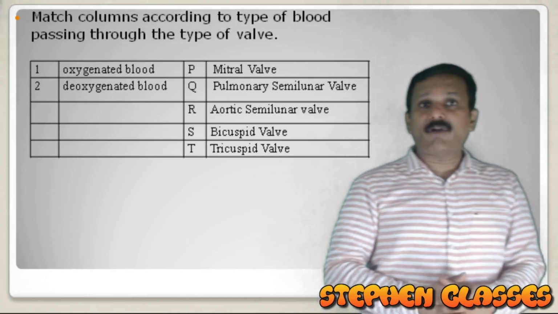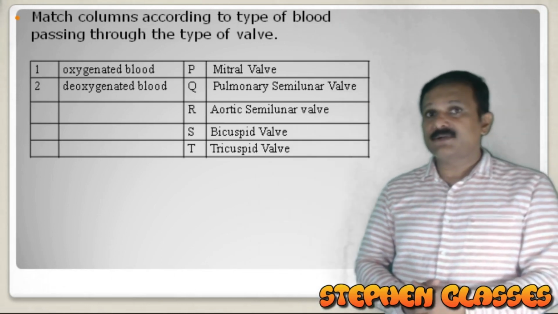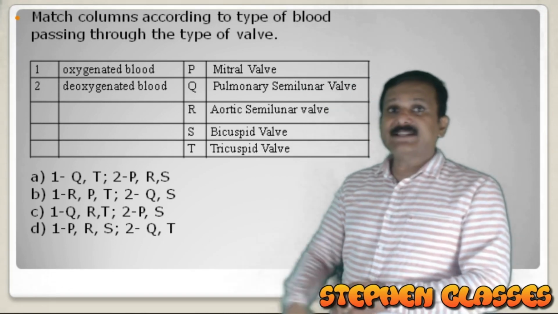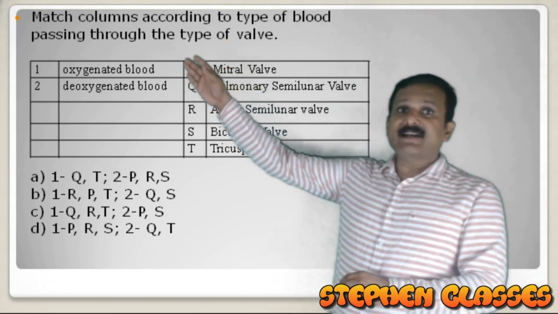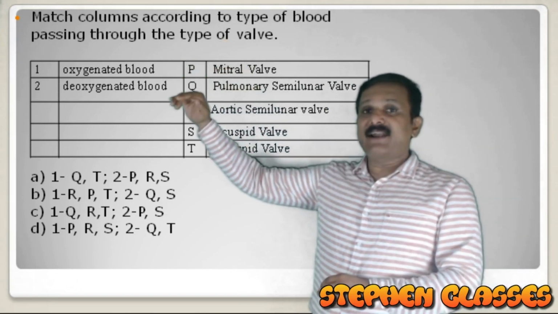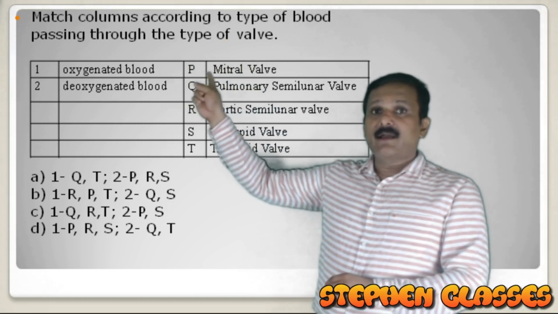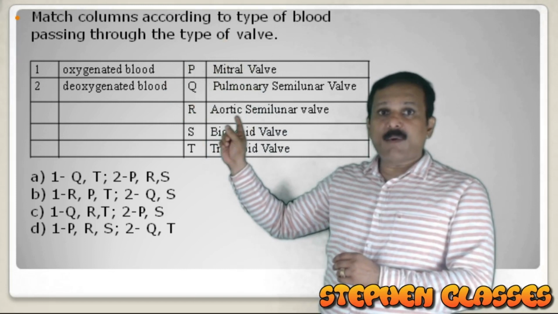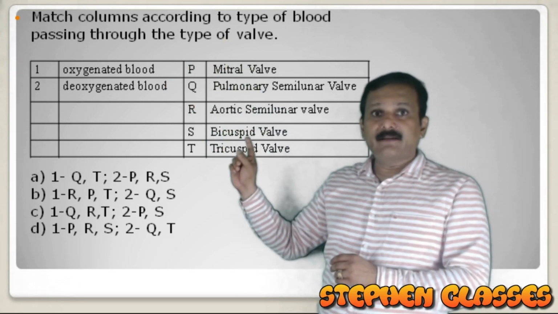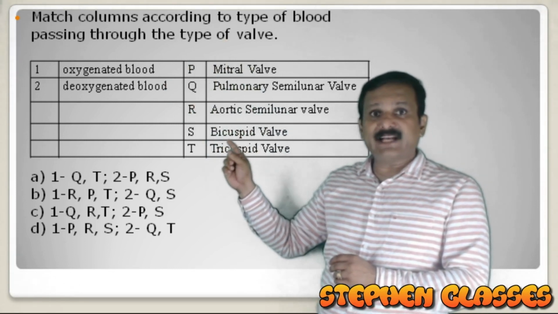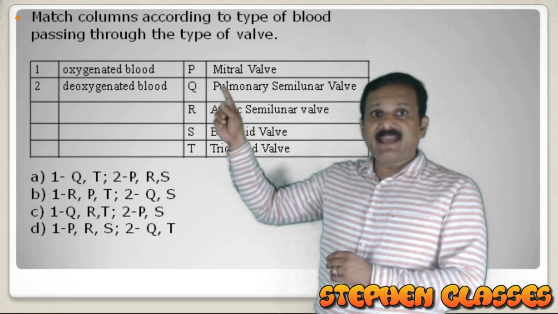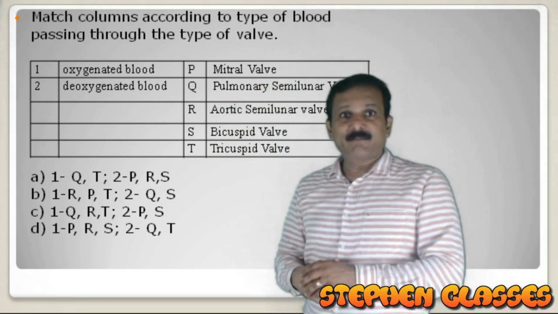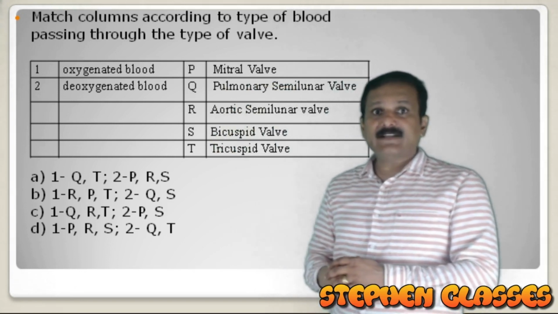Match the following columns according to the type of blood passing through the type of valve. Oxygenated blood passes through the left side of our heart. So here the mitral valve, then the aortic semilunar valve, and the mitral valve is also called the bicuspid valve. So P, R, S you can match with oxygenated blood.